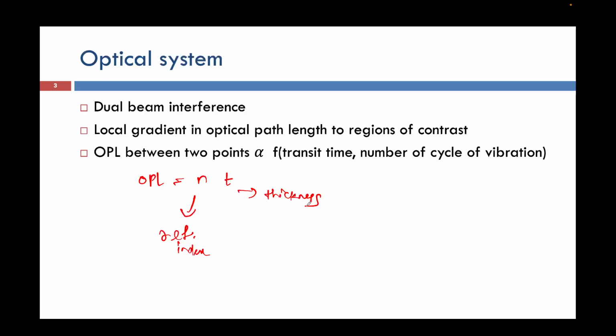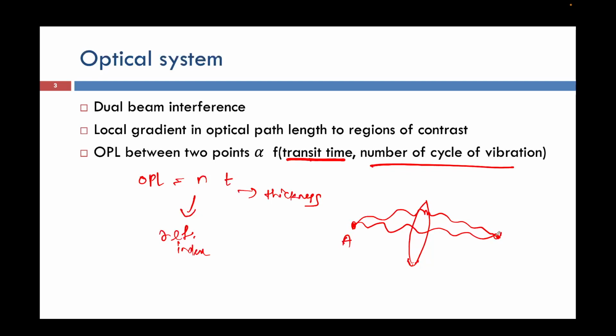And we know that the optical path length between 2 points is a function of transit time, how much time it takes, and the number of cycles of vibration. If you remember, last class I drew a wave like this and a wave like this. Though the geometrical distance traversed by wave 1 and wave 2 between point A and point B is different, the optical path lengths are the same in this case.